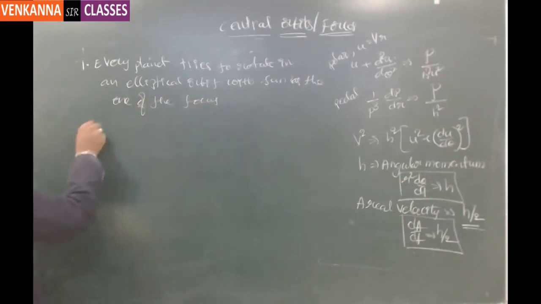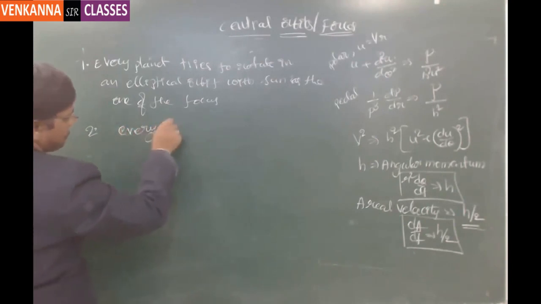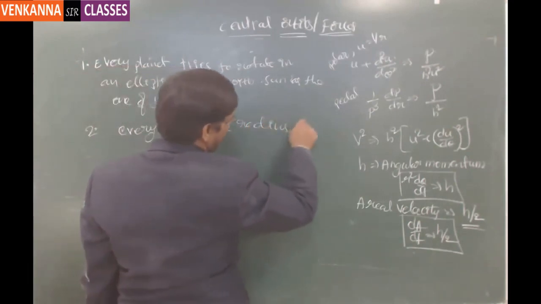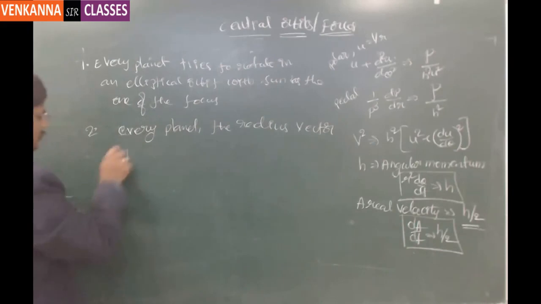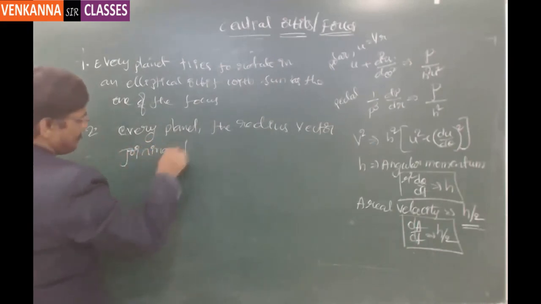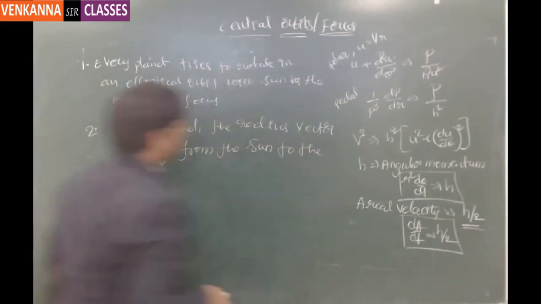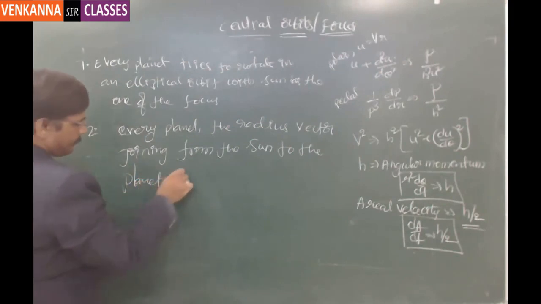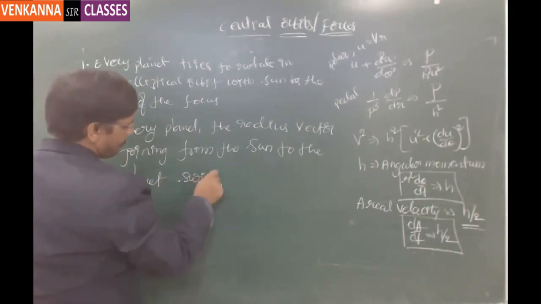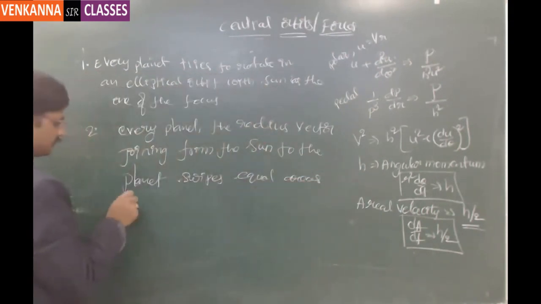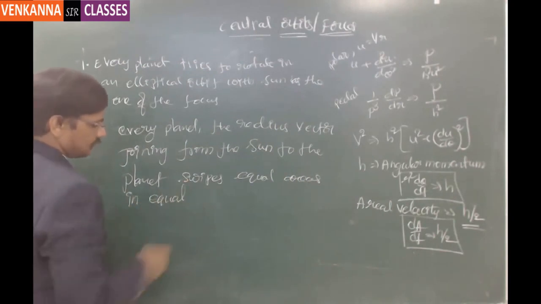And the second law: the radius vector joining the Sun to the planet sweeps equal areas in equal intervals of time. That is, the aerial velocity is constant.